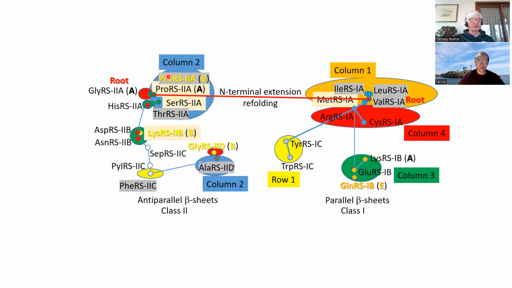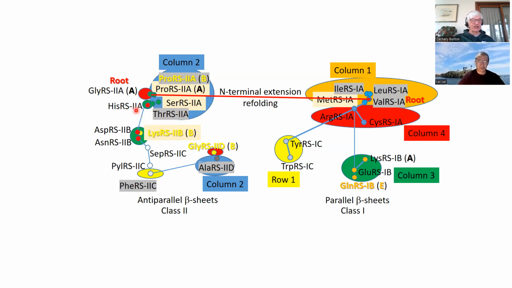Here in blue, you have ProRS. These are all 2A enzymes. They're closely related to GlyRS 2A. This one has a separate editing active site. These have some editing features within their synthetic active site, the synthetic active site being the aminoacylating active site.